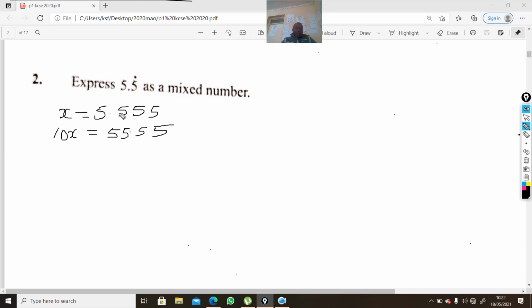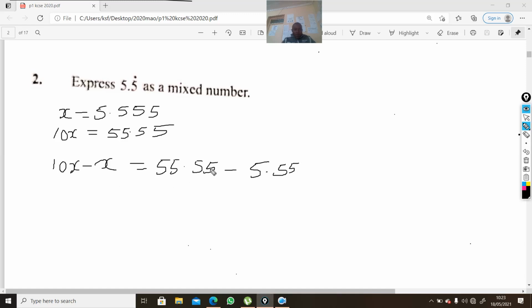Remember, after the point the rest are the same, 5555, and therefore you can leave it at that level. Then you say 10x minus x is equal to 55.55 minus 5.55.